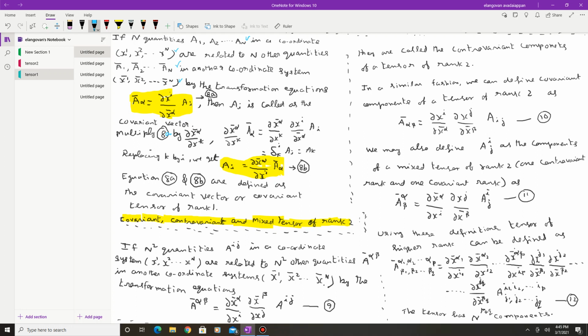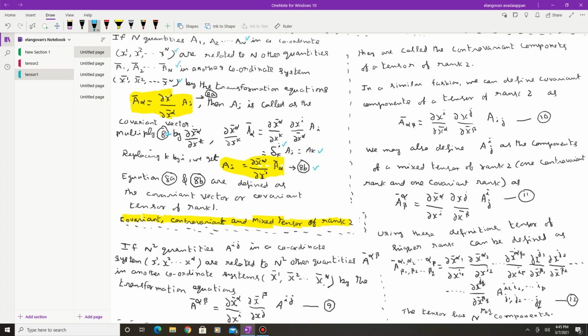This term becomes delta ik, a Kronecker delta, and the whole term will be non-vanishing only when i is equal to k, so this becomes ak. Again for convenience we replace k by i, and ai is equal to partial dx alpha bar by partial dxi times a alpha bar. So this is the expression.